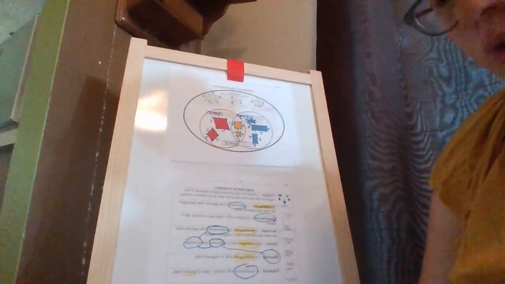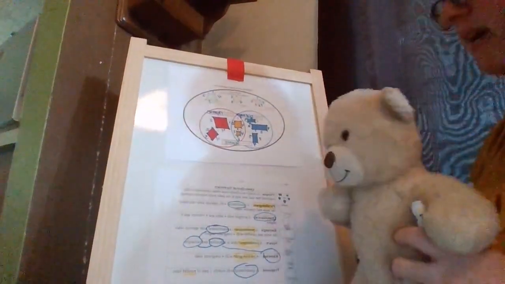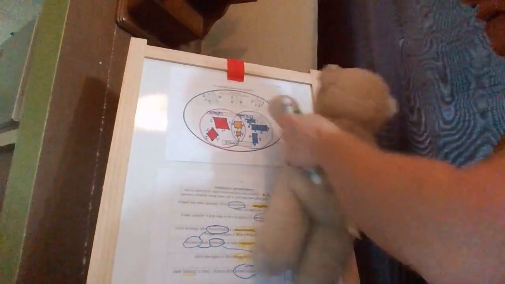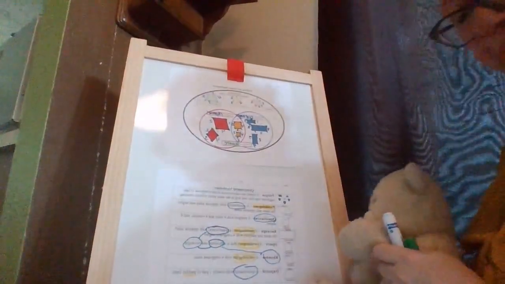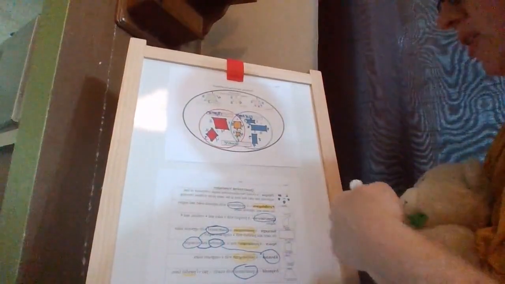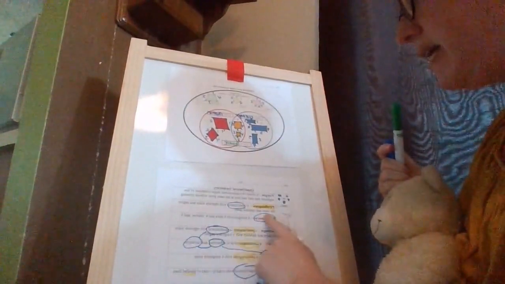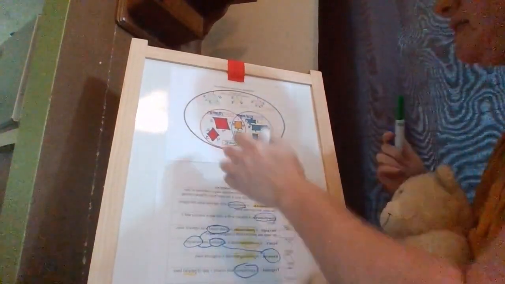Okay, so what did you come up with? Who wants to share? I do. I decided that the purple one is a parallelogram. A parallelogram is a quadrilateral with opposite sides and angles the same.